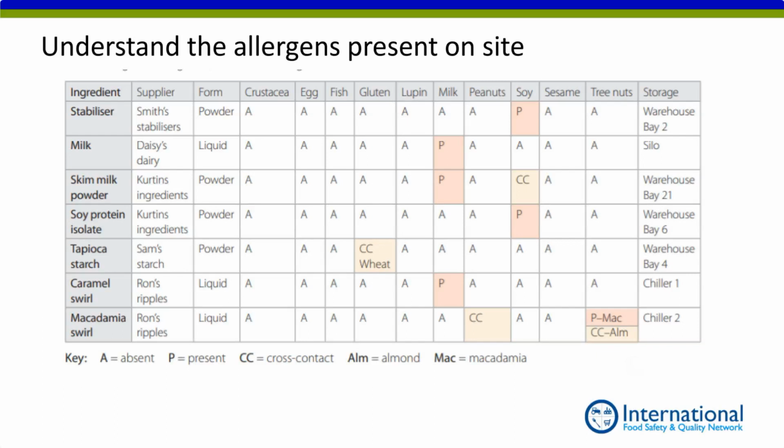In this table, you see how this is done. But on your right side, you also have where these ingredients are located, so that you can really understand whether some cross-contamination can happen, or whether there can be any potential presence of allergens, etc.